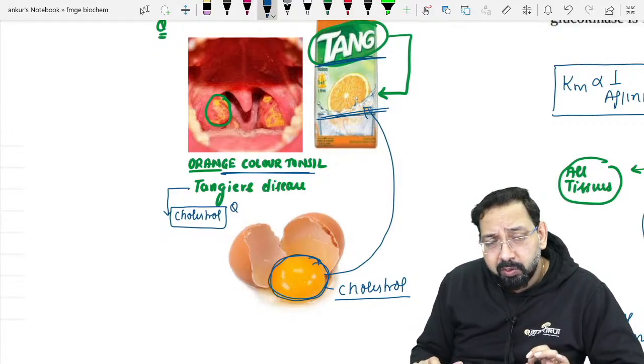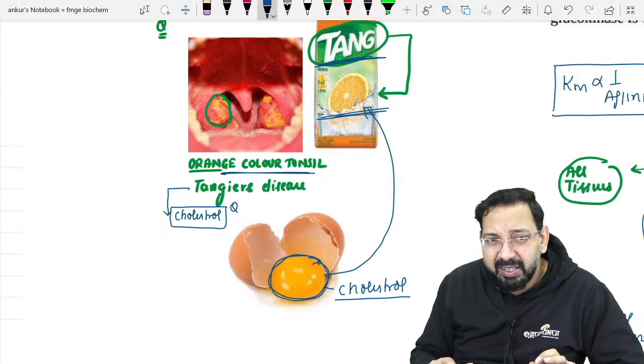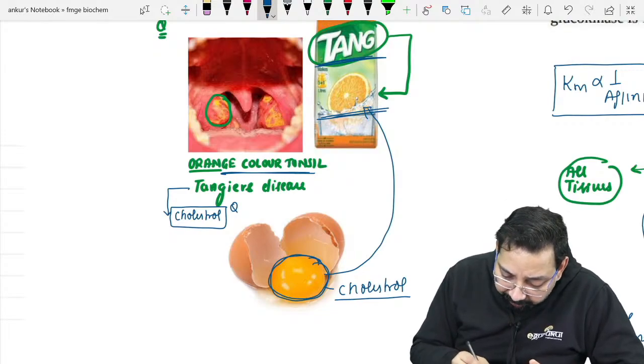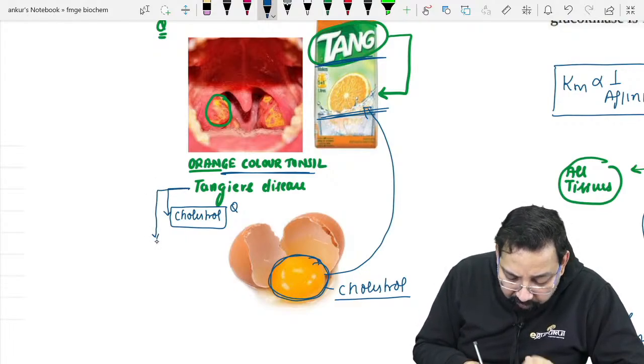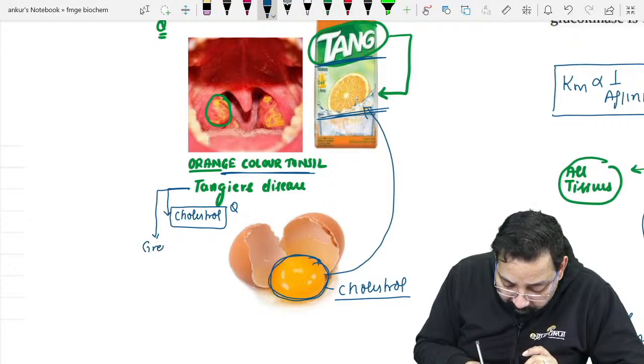I told you that egg yolk may be gray, sometimes yellowish. So sometimes in a question on Tangier disease, other than orange tonsil, they may give gray-colored tonsil.